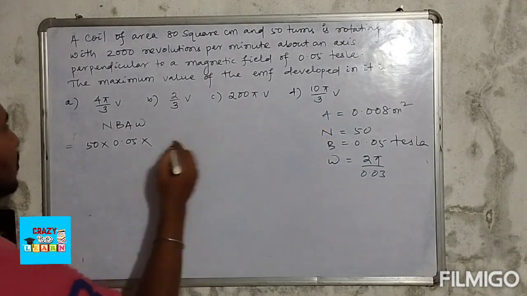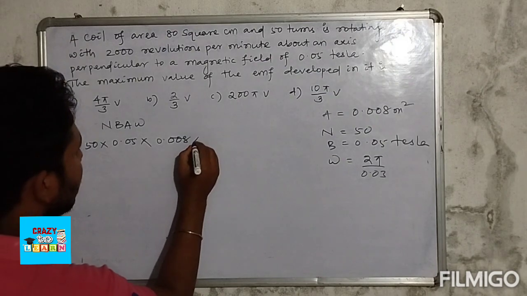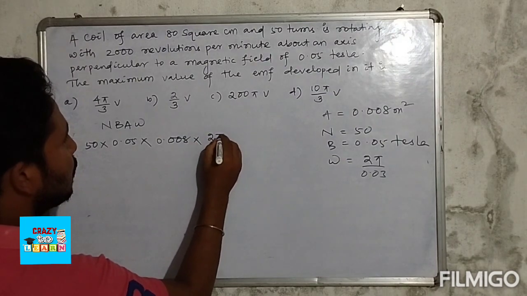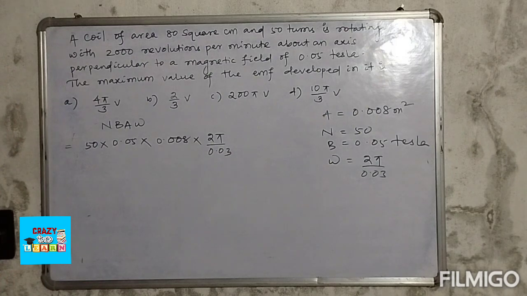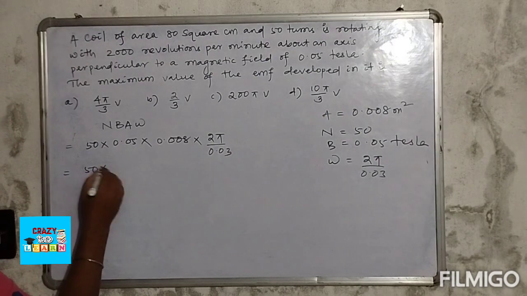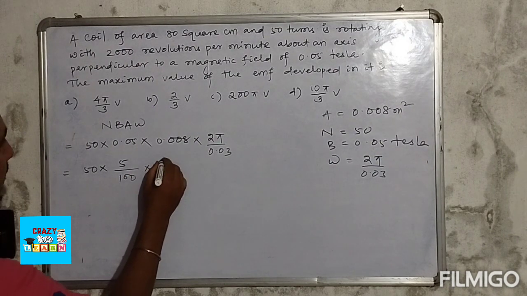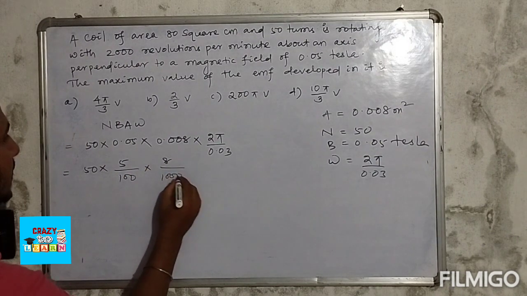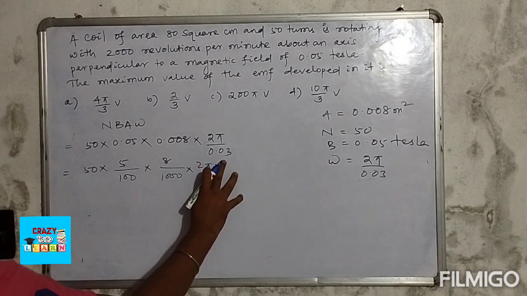What is the value in meter square? The meter square value is 0.008. And what is the value of omega? 2 pi by 0.03. So now solve. Just write these decimals in fractional form: 5 divided by 100, 8 divided by 1000, into 2 pi, divided by 0.03.